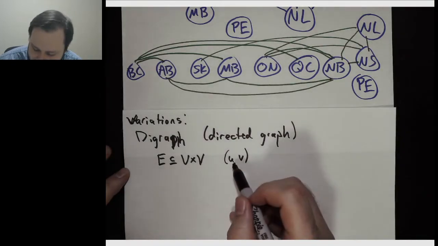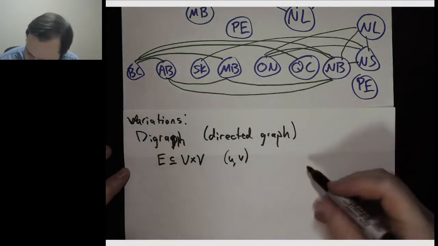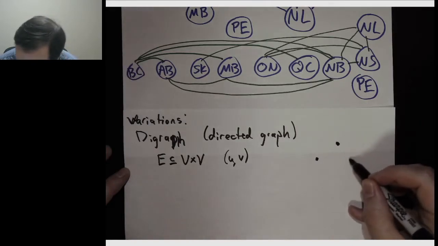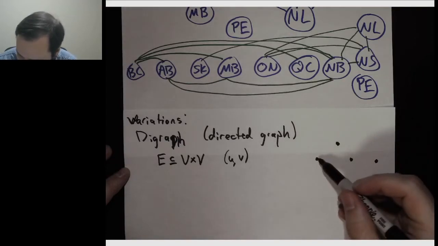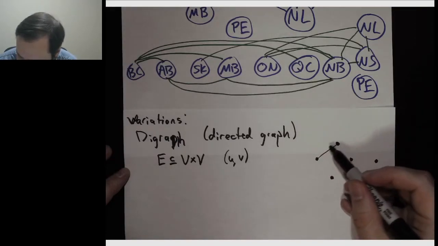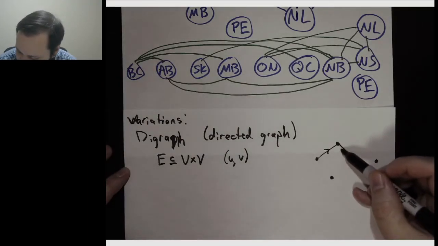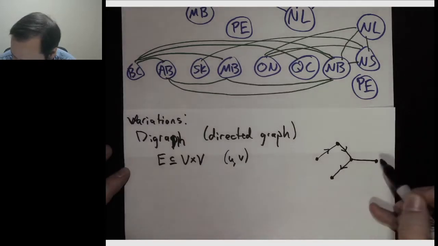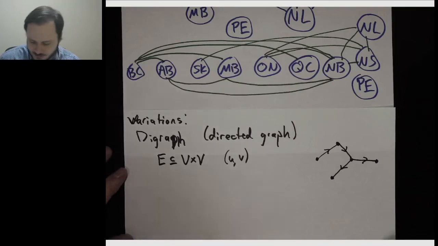And I think of the edges going from U towards V. So over here, I'll give an example. I'm not just connecting these, I'm now giving each edge an orientation. Something like this would be a directed graph.